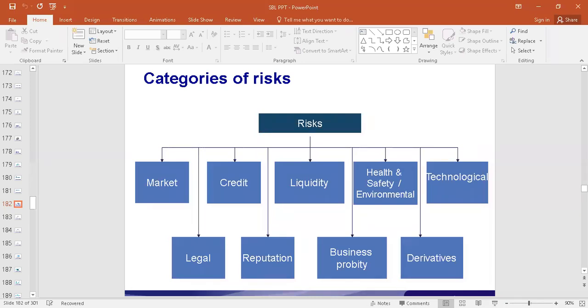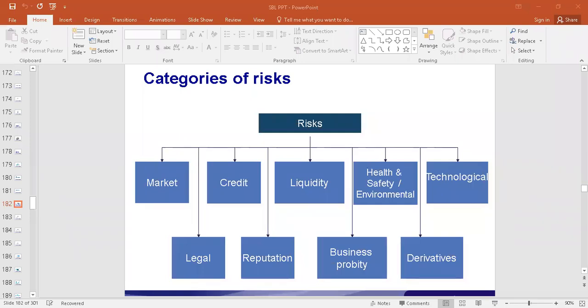In case of environmental aspects, there are certain specifications that are mentioned to be followed. If they do not follow these measures, then they can attract fines and penalties.